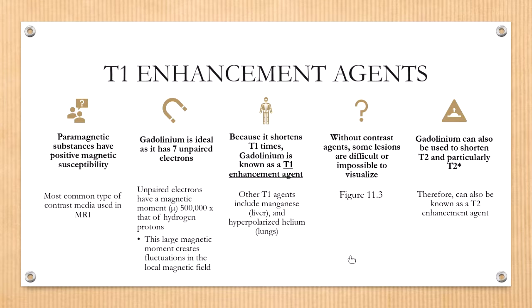Let's turn to figure 11.3 to look at this next point, which states that without contrast agents, some lesions are difficult or impossible to visualize. And you guys probably already understand this because you've seen these comparison images already. But on figure 11.3, you have 4 axial images of the brain, and the top image is a T1 no contrast enhancement. And as you can see, that patient has not been injected with any contrast.